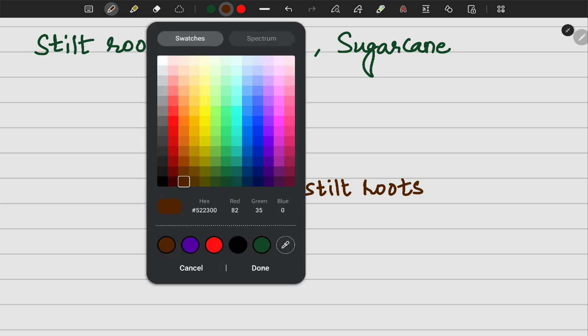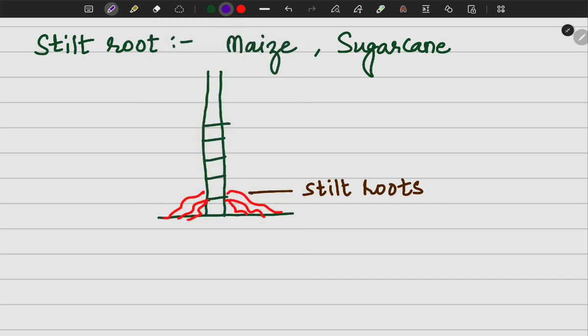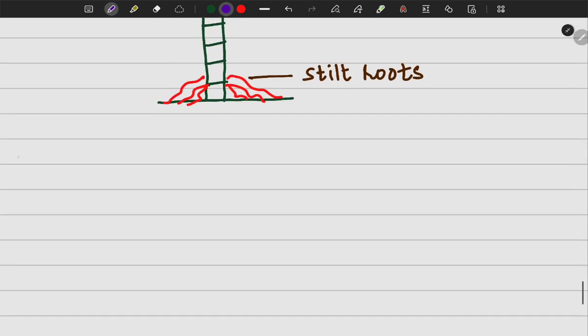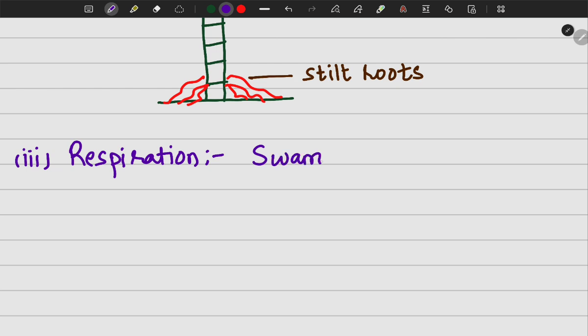Now let us move on to the next modification, which is respiration. Now some plants grow in swampy areas.